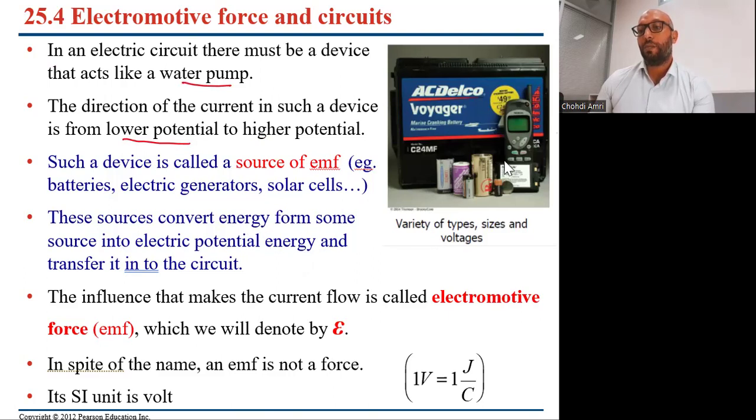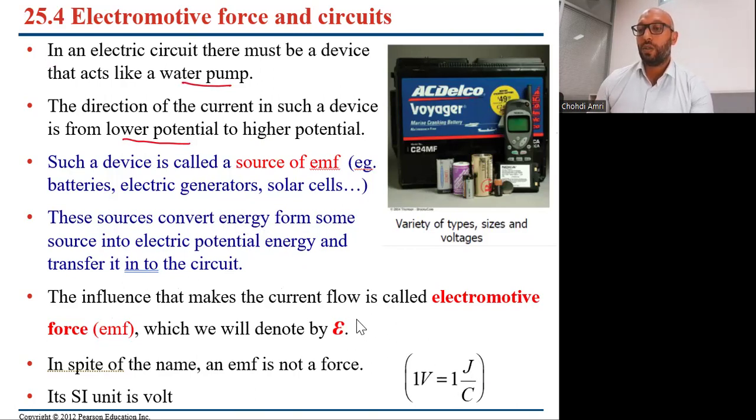For example, the battery converts chemical energy to electrical energy and transfers it into the circuit. The influence that makes the current flow is called electromotive force and is denoted by epsilon. In spite of the name, it's not a force, but a potential difference. Its unit is the volt, and a volt is equivalent to a joule divided by a coulomb.